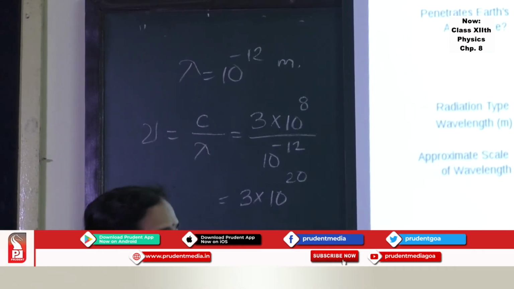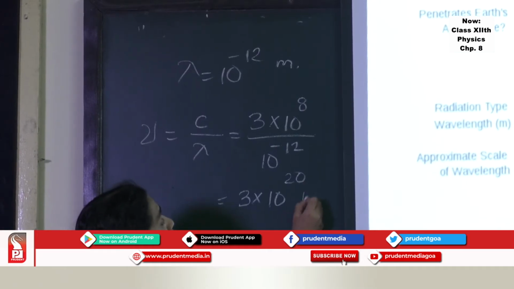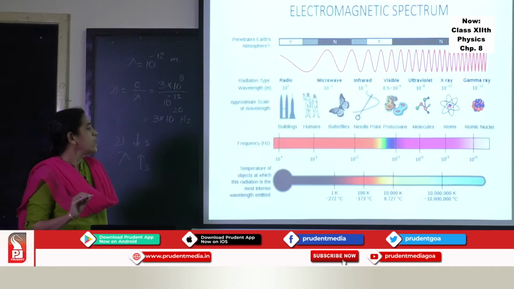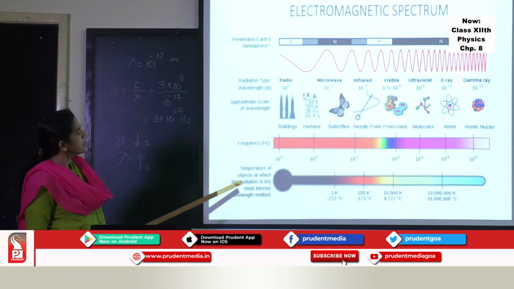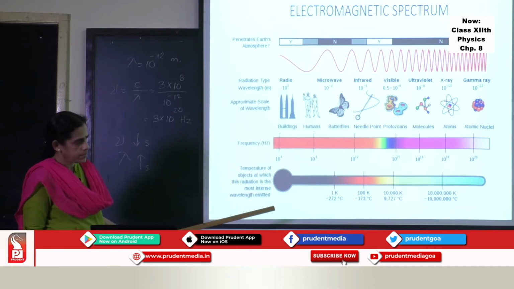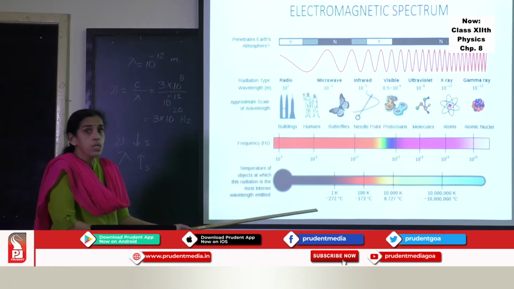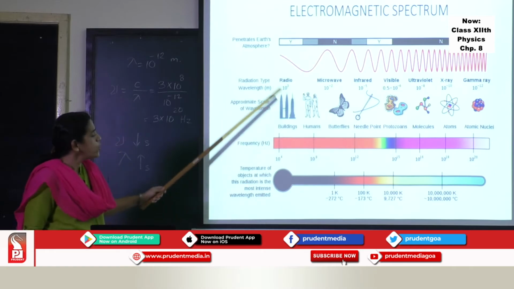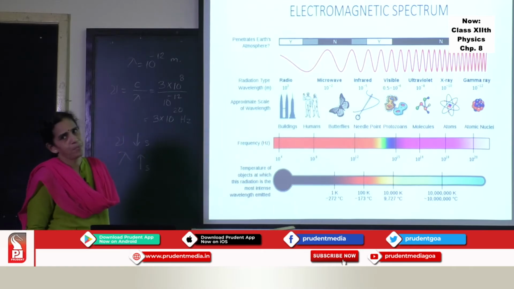Approximately of the order of 10 raised to 20 will be the frequency. So, do not forget these types of simple calculation. Then, this is showing the temperature of objects at which the radiation of the most intense wavelength is emitted. Means gamma rays need very high temperature, and radio waves very low temperature.